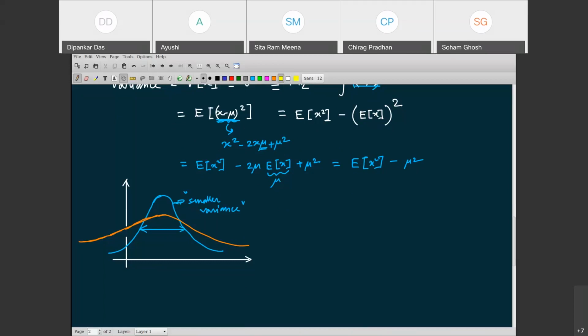Suppose you are measuring different values of x_i. You have listed x1, x2, x3, x4, and suppose you measured 1.39, 1.62, 1.53, and you have measured many things.